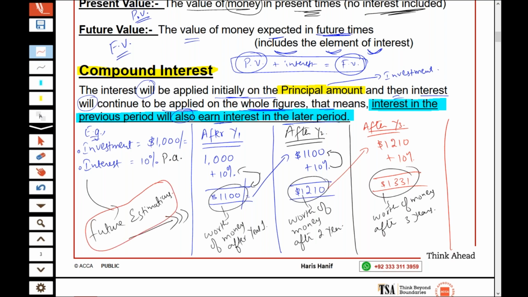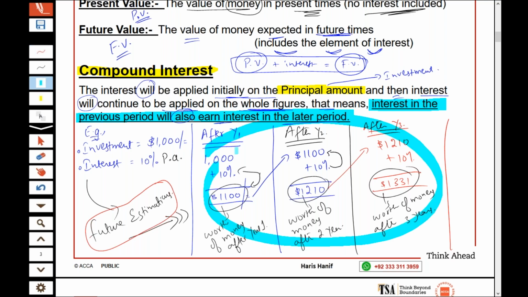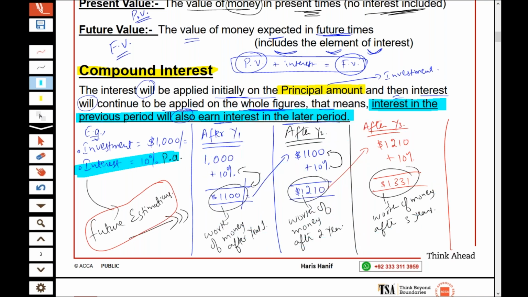What I'm trying to say with this simple example is that you first estimate the thing, and according to your estimation you take your decision. All these figures are your estimations: if I invest in a project at 10%, I will have this amount after 3 years.